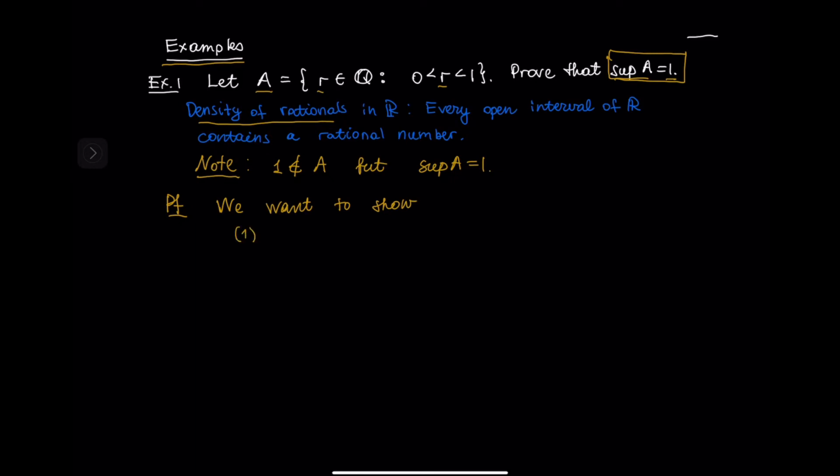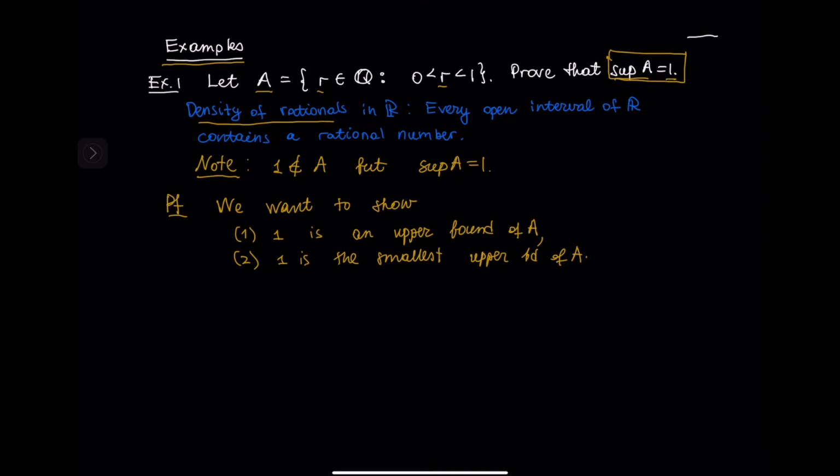So the first condition is that 1 is an upper bound of A. And the second condition is that 1 is the smallest upper bound of A. Remember, that was the definition of supremum. So we are using that definition here.